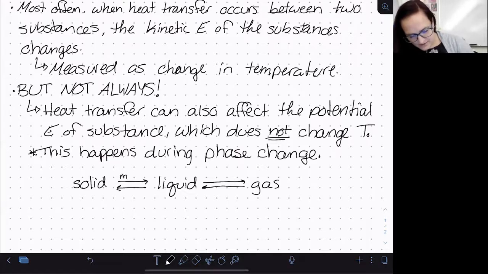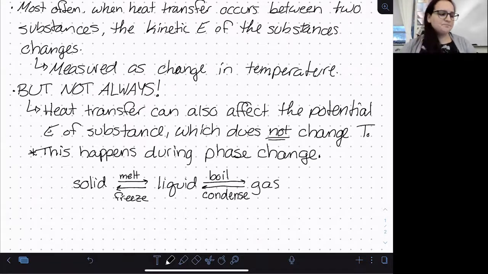So solid to liquid we call melting, liquid to solid we call freezing, liquid to gas we call boiling, gas to liquid we call condensing or condensation.